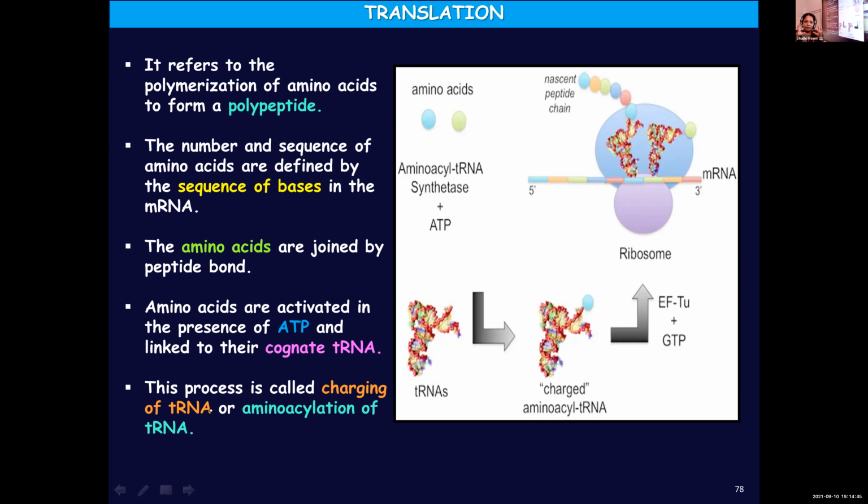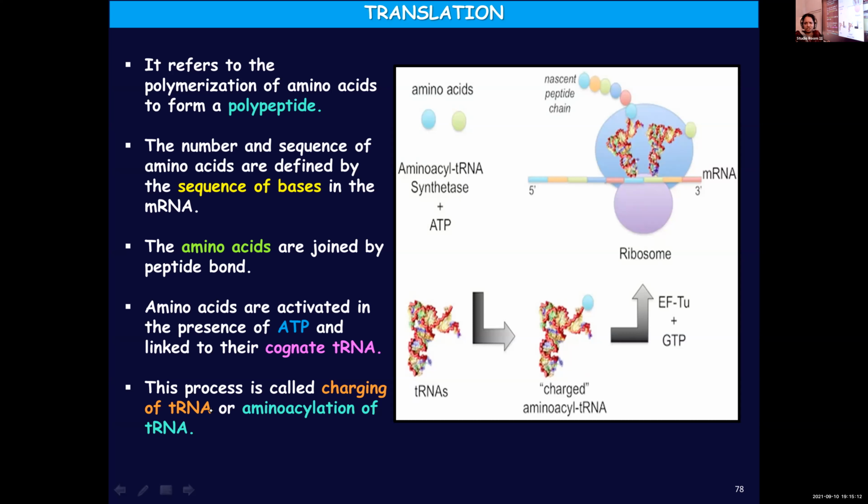That is, the amino acid is activated utilizing the ATP molecule, and this activated amino acid will go and bind with the transfer RNA. So that results in charging of transfer RNA or amino acylation of transfer RNA. The charged amino acid is getting attached to transfer RNA. That is known as amino acylation of transfer RNA.